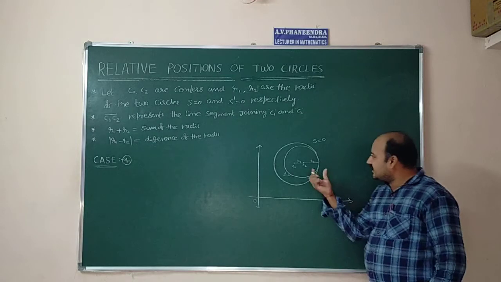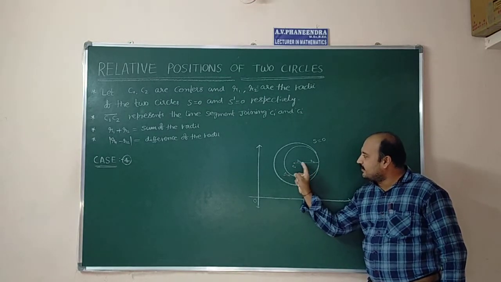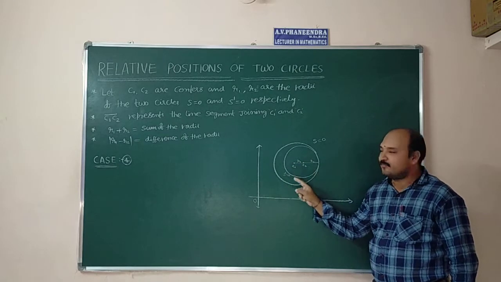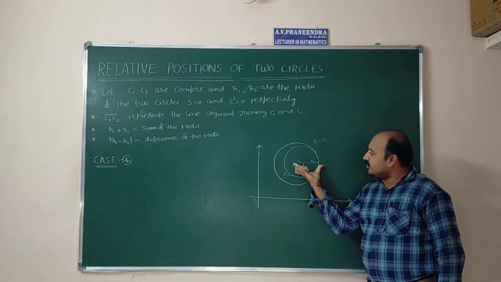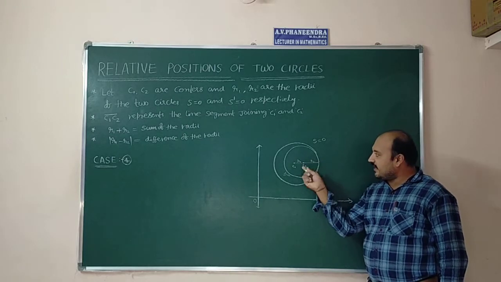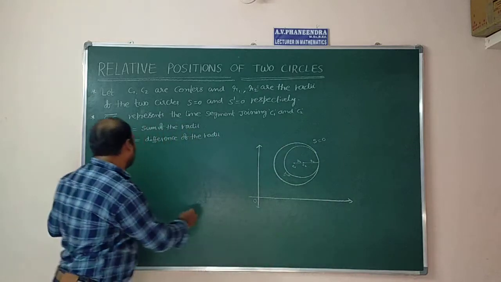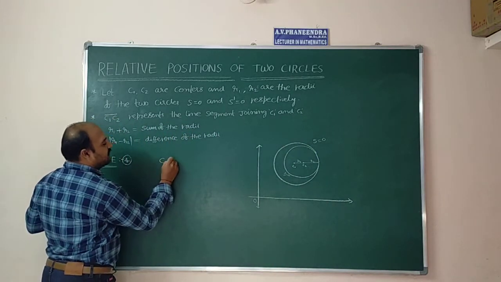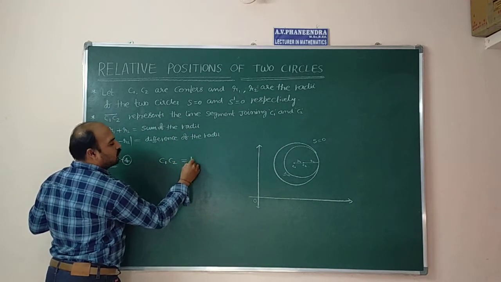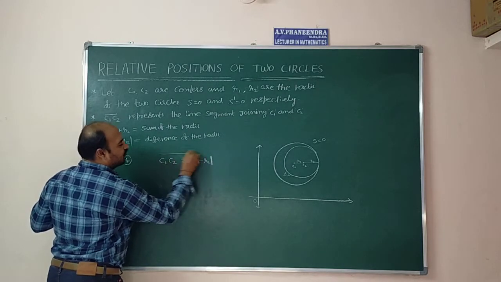In this case, the difference of radii is equal to the distance between their centers. From here to here it is R1, from here to here it is R2. The difference of their radii is equal to the distance between their centers. So here we conclude that the distance between their centers is equal to the difference of radii, R1 minus R2.